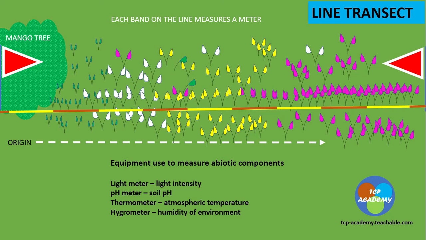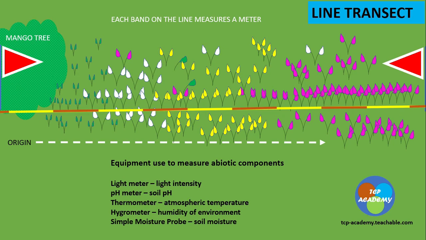That too could impact the distribution of the organisms in the particular area sampled. We could also look at the moisture level of the soil. To do so, we'd use a simple moisture probe that is placed in the soil to gather information as to the amount of water that is available in the soil.